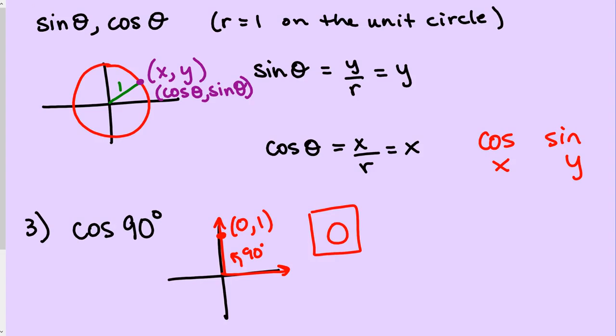Now I'm also going to do another example similar to what you have in your book, maybe 2 more quick examples. So let's say we wanted to find the secant of negative 180 degrees.